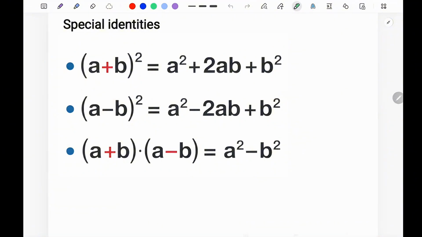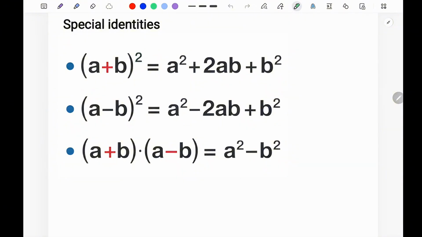You can see over here the sum of two variables is given, a plus b, and the sum of both variables has a combined square.